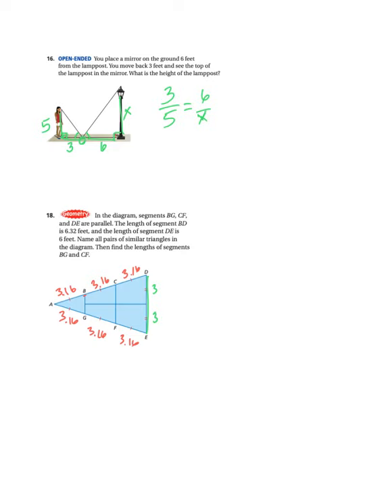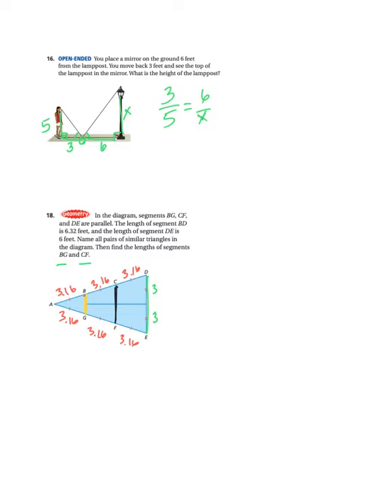Okay. Now, we've already decided that all of those triangles are similar, so we need to find the length of BG and CF. Here's BG, I'm going to make that yellow. And here's CF, I'll make that one black. So those are the two lengths that we're trying to find. I'm going to find this yellow length first.